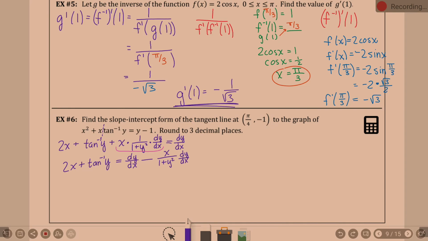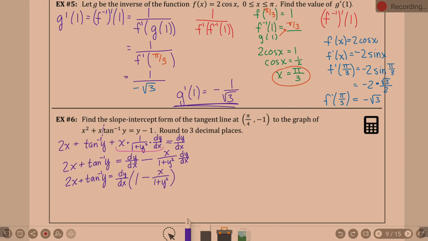Factor it out. Are you going to kill me if I flip-flop the sides, or I'll wait and flip-flop them next time, I guess. So I still have 2x plus tan inverse y. If I factor out dy/dx, dy/dx times, what's dy/dx divided by itself? 1 minus x over 1 plus y squared.